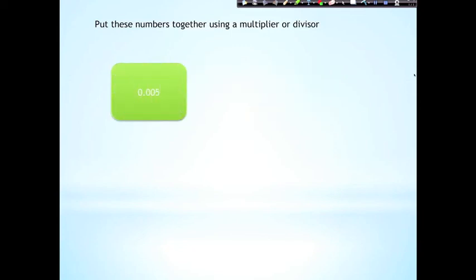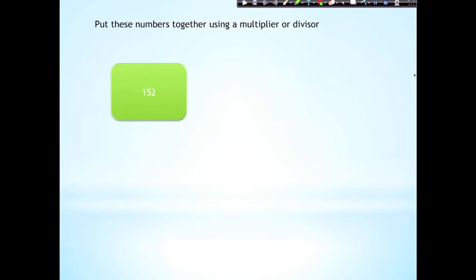Let's try this next one, 0.005 going to 50. Okay, the answer is timesing by 1,000. The next one, 5,324 going to 53.24. Okay, the answer is dividing by 100.